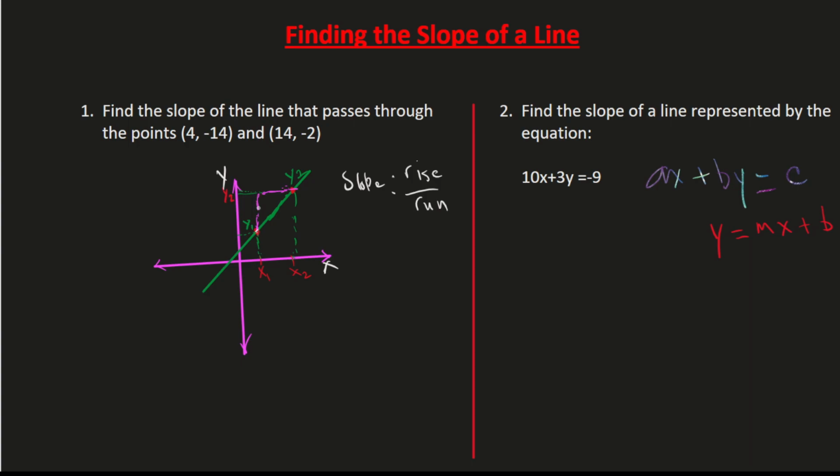This is rise. We go up in the y direction. And run is this part here in the x direction. The run is parallel to the x-axis. The rise is parallel to the y-axis.